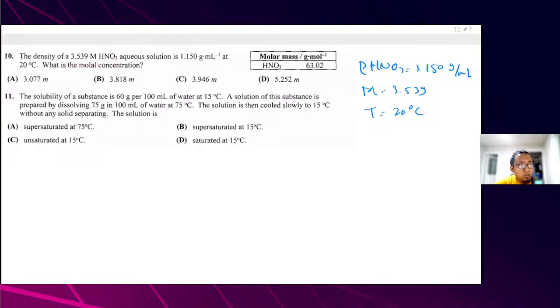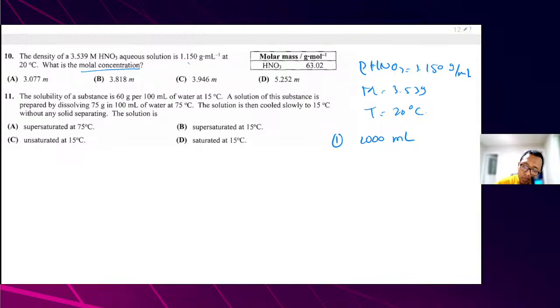We know the molarity, right? We know the density. So first, we can assume 1,000 milliliter, okay, 1,000 milliliter.